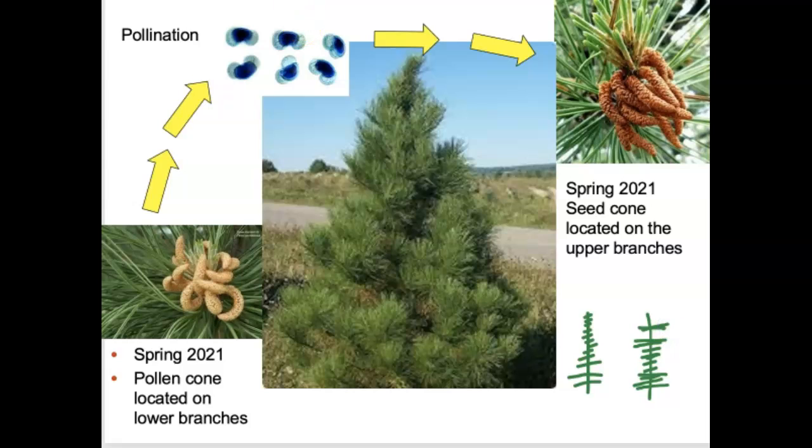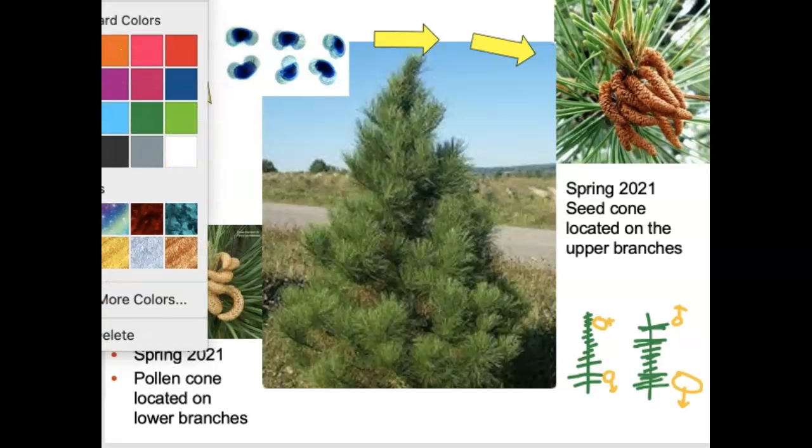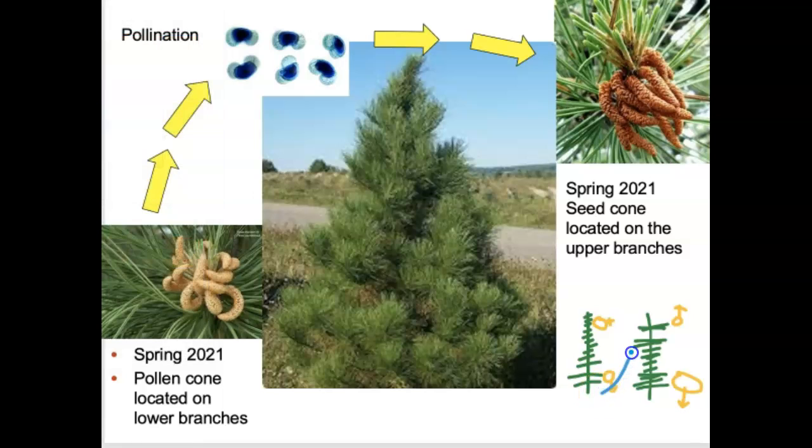If you have the male cone down here, and the female cone up here on each of these trees, that's male there, that's female there, and along comes a breeze, it's more likely to transfer your pollen to the neighbor. So there's your evolutionary advantage of this positioning, to have the female cone higher than the male cone.